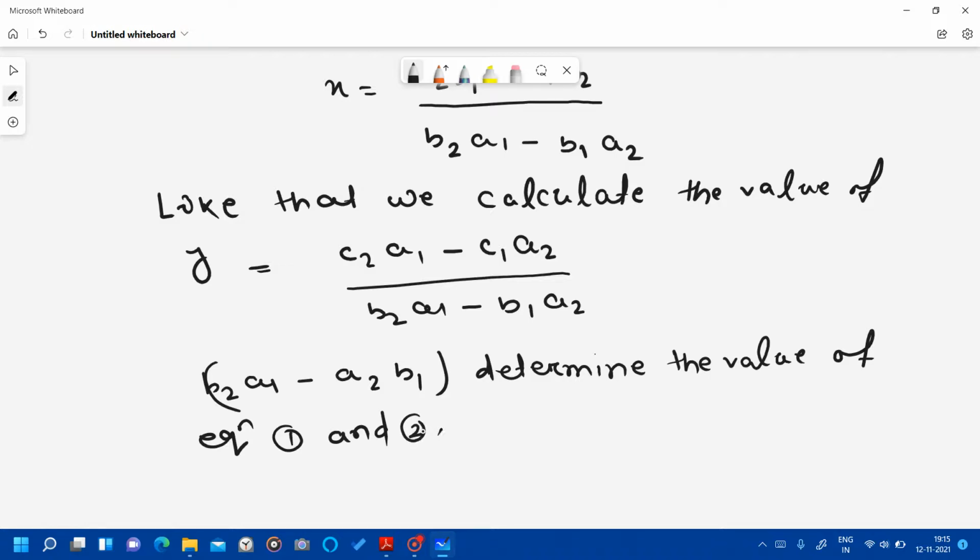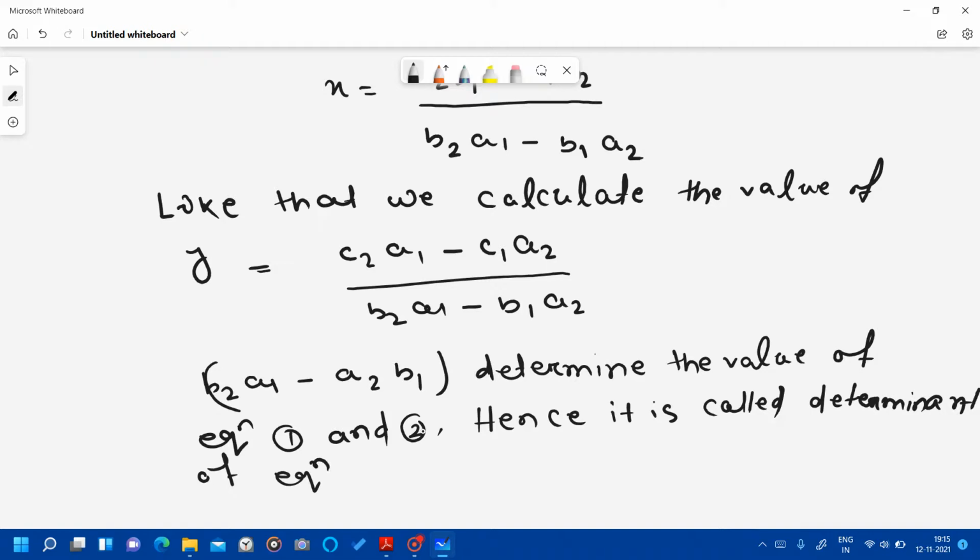Hence it is called the determinant. Who determines is called the determinant. The determinant of equations 1 and 2, isn't it? Yes.